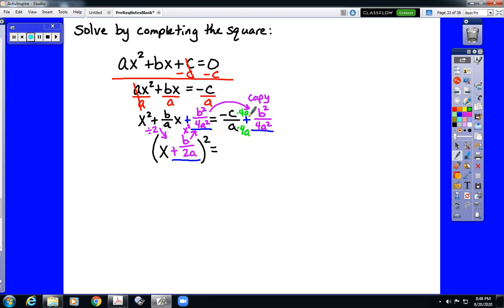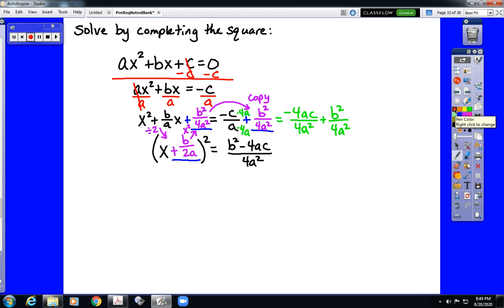So we're going to multiply the bottom and the top of that fraction by 4a, which would give us negative 4ac over 4a squared when we get our common denominator, plus b squared over 4a squared. Both of those fractions are over 4a squared, so we can combine them into one fraction, b squared minus 4ac over 4a squared. Take a second to digest that. Pause the video if you need to and look at it. All we're doing is getting a common denominator and adding those fractions together.